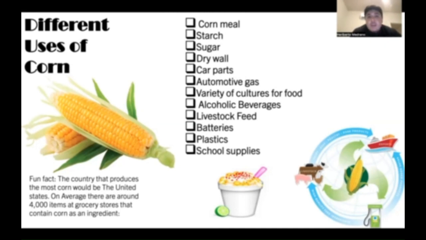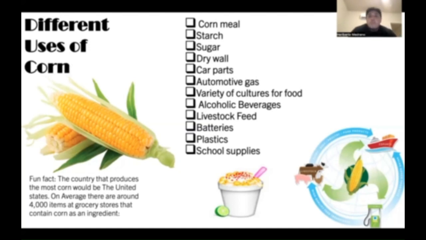Sugar. Sugar is another very common item used in everyday things such as plain old sugar, candy, soda, stuff like that. Corn is also used surprisingly in drywall, which you will find at any construction site, any home built.